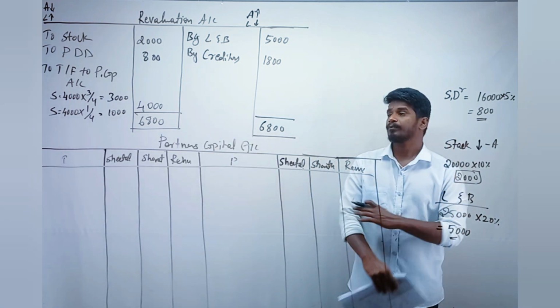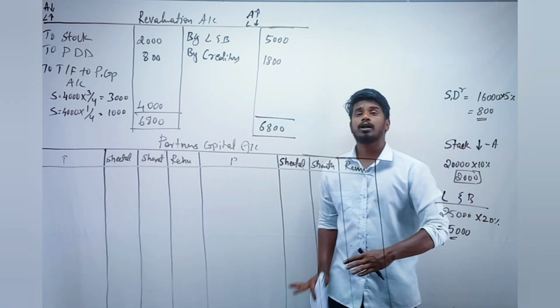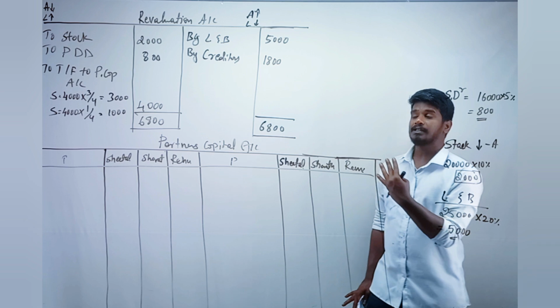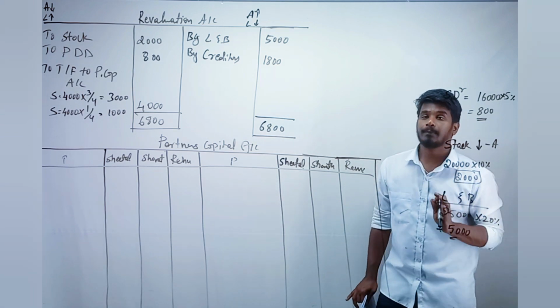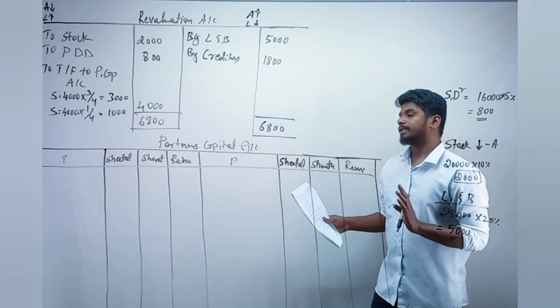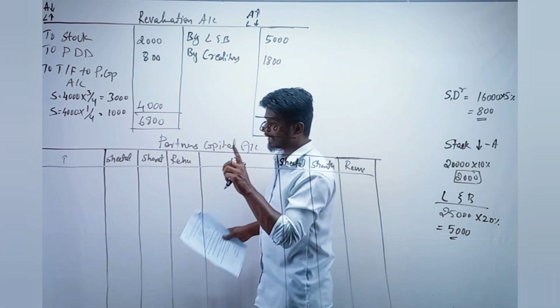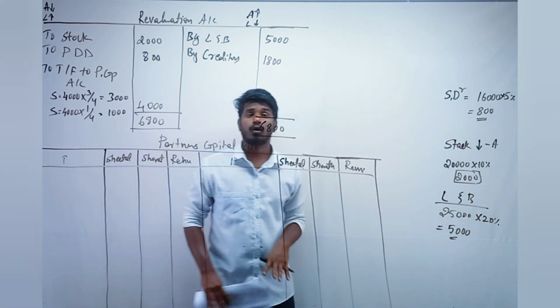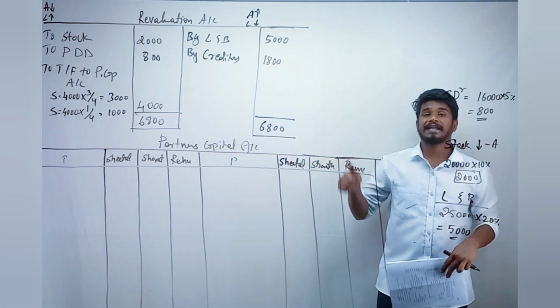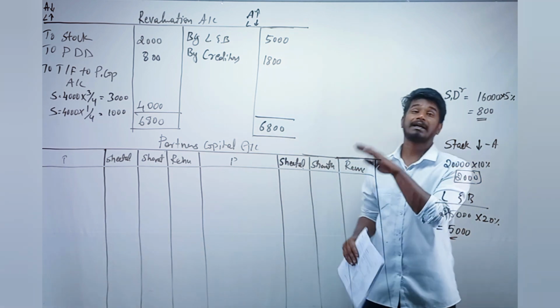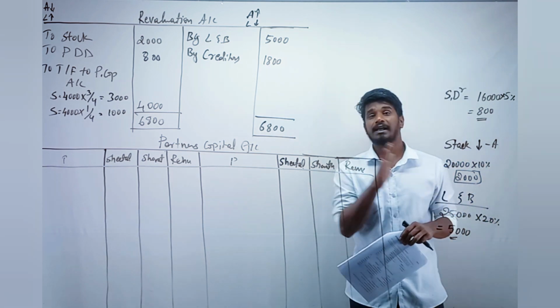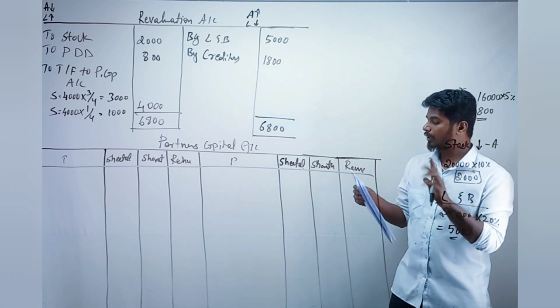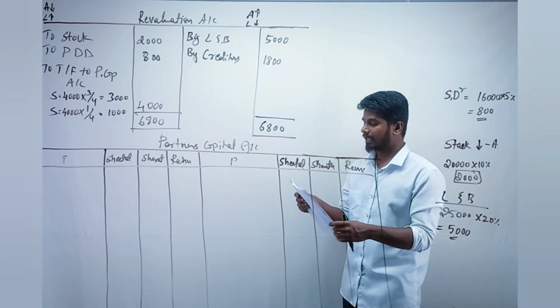Let us start. In the partner's capital account, you should keep four main things in mind. First, balance brought down, where we record all partners' capital. Second, we look for the reserve fund or general reserve in the liability side of the balance sheet.